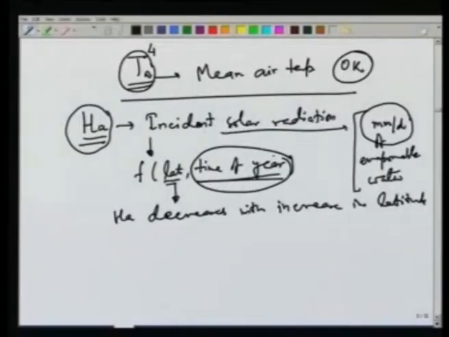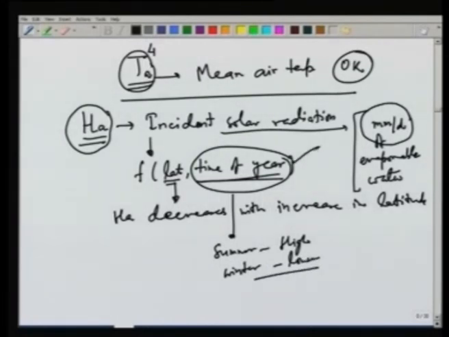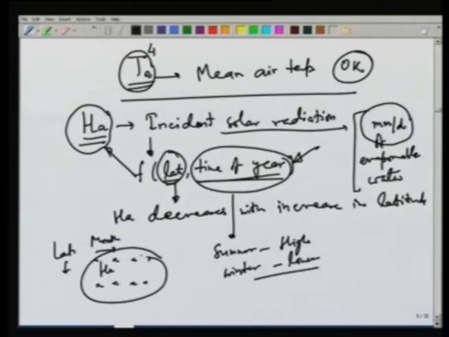Similarly, time of year, in summer H A will be higher, and winter it will be lower. So, depending on the time of the year and the latitude, we can obtain H A. Typically, it will be given in a tabular form, and similar to what we have seen earlier, we have latitude, month, and we will have H A values given in a table like this. So, we can get the H A value from there.